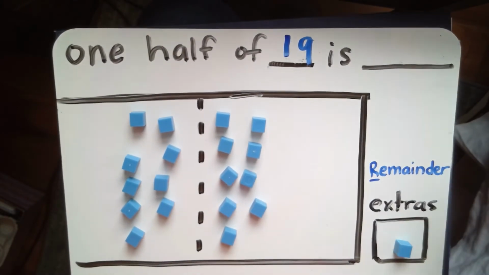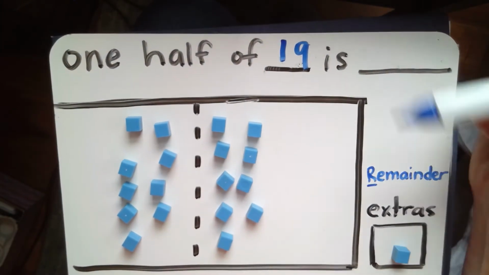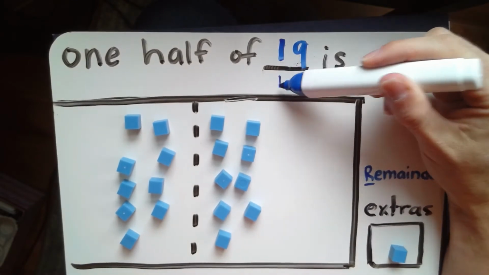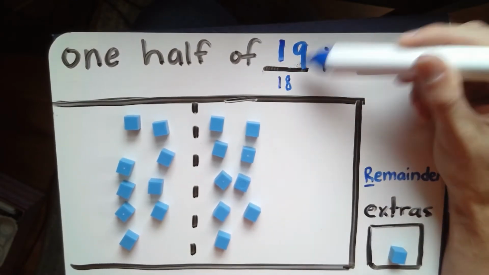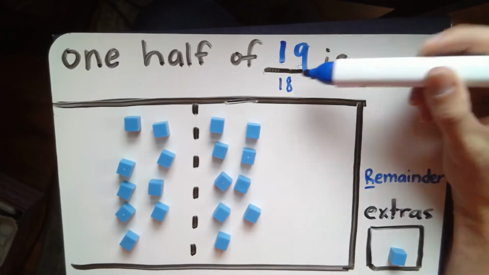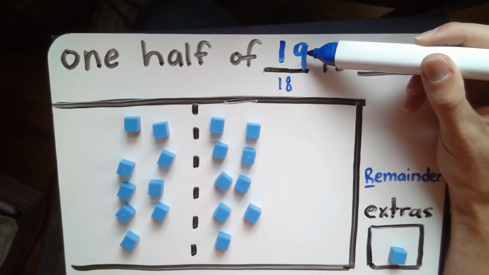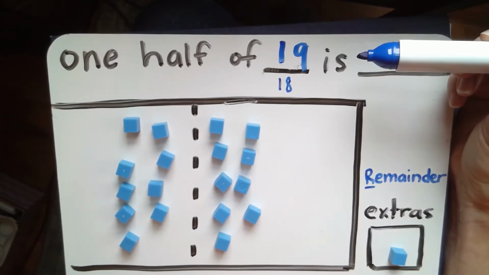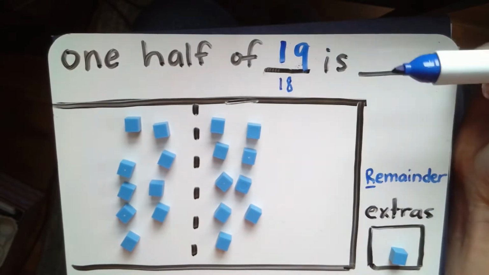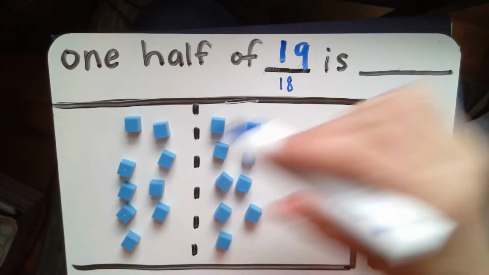So if you notice, when I'm passing out, I always stop at the even number right before the odd number. Because what is 18 plus 1? 19. What's 1/2 of 18? It's 9.